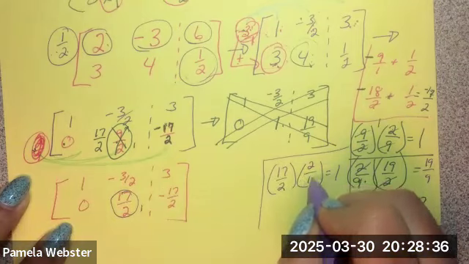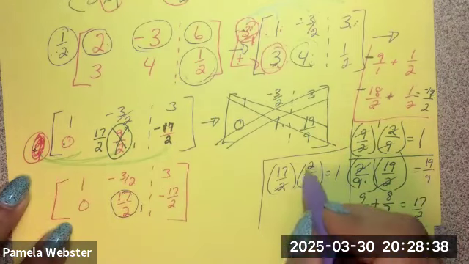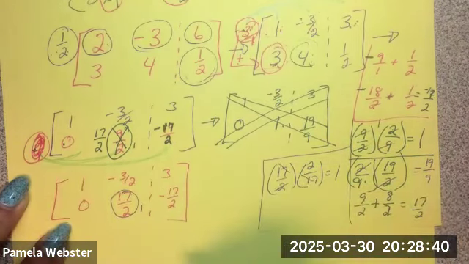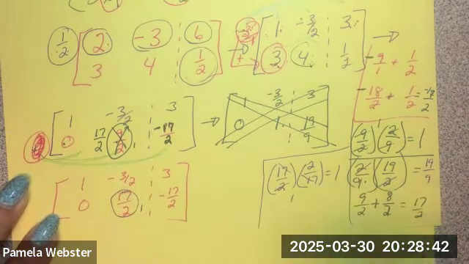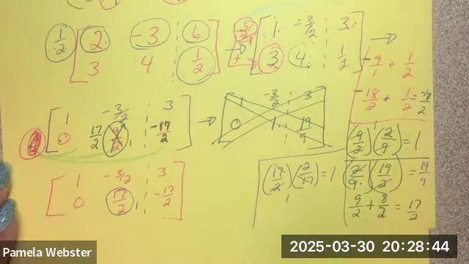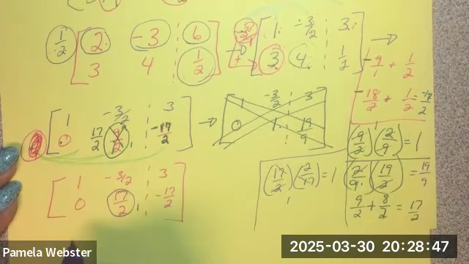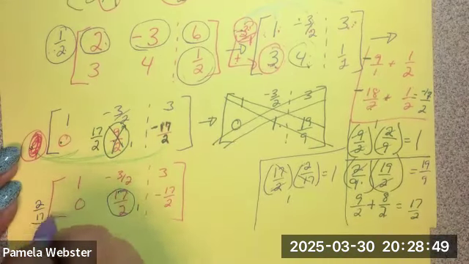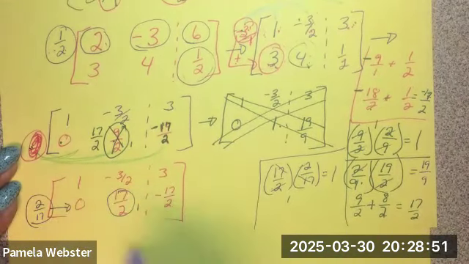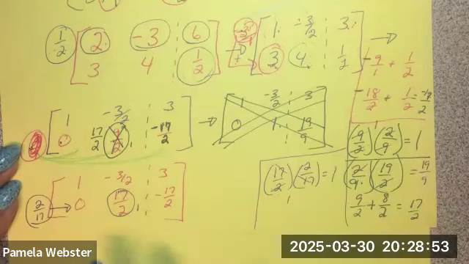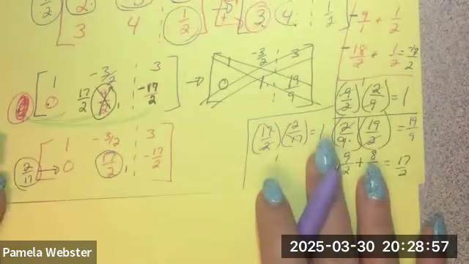I can multiply it by 2/17, right? Because that will cancel out top and bottom. That will reduce it down to just a 1. That's what I'm after. So I'm going to multiply this guy out in the front by 2/17. But now it's going to be so much nicer because both of these are going to cancel out, reduce down, however you want to think about it, right?